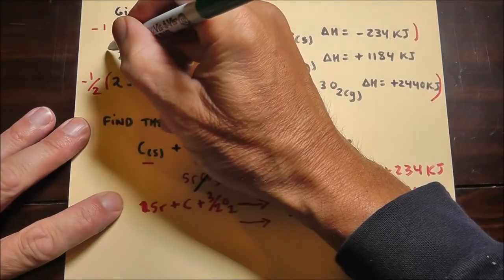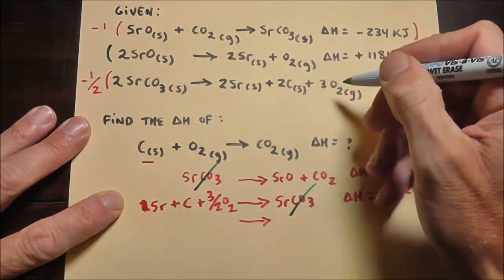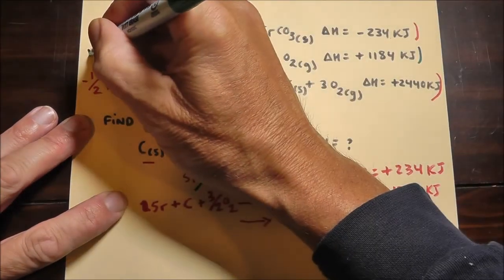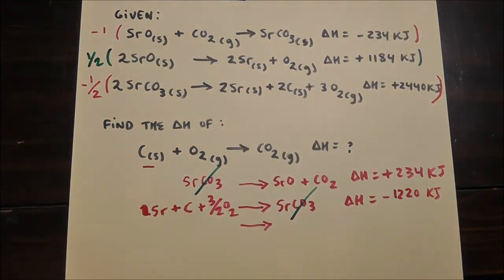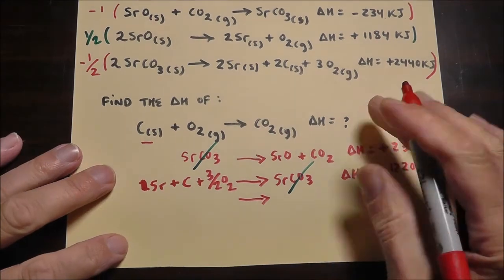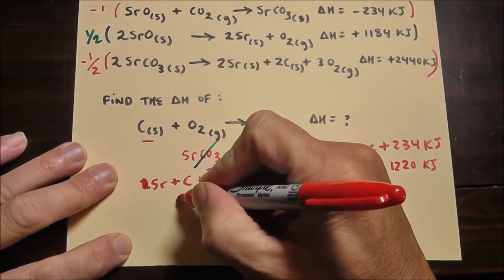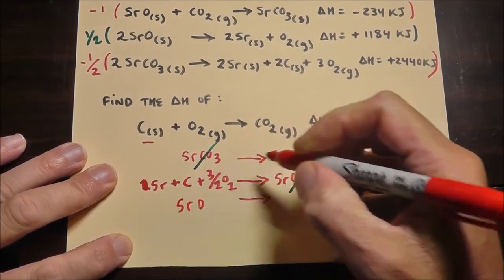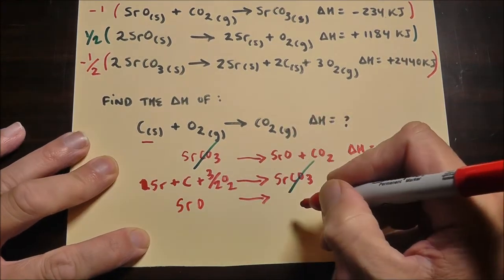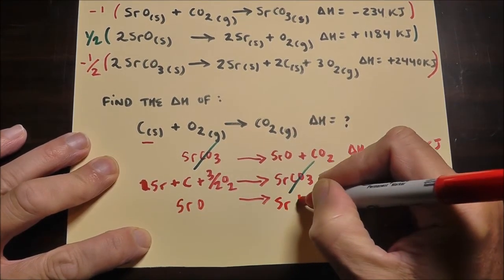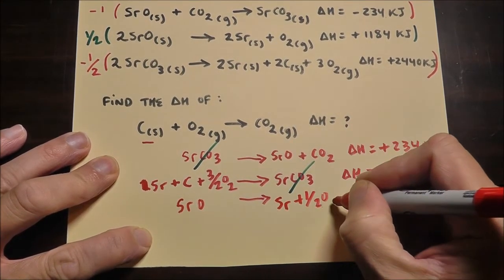This one needs to be multiplied by 1/2, but not changed in its direction. And so this whole third reaction is just going to be to cancel stuff. That would be 1 strontium oxide goes to make strontium plus 1/2 O2.